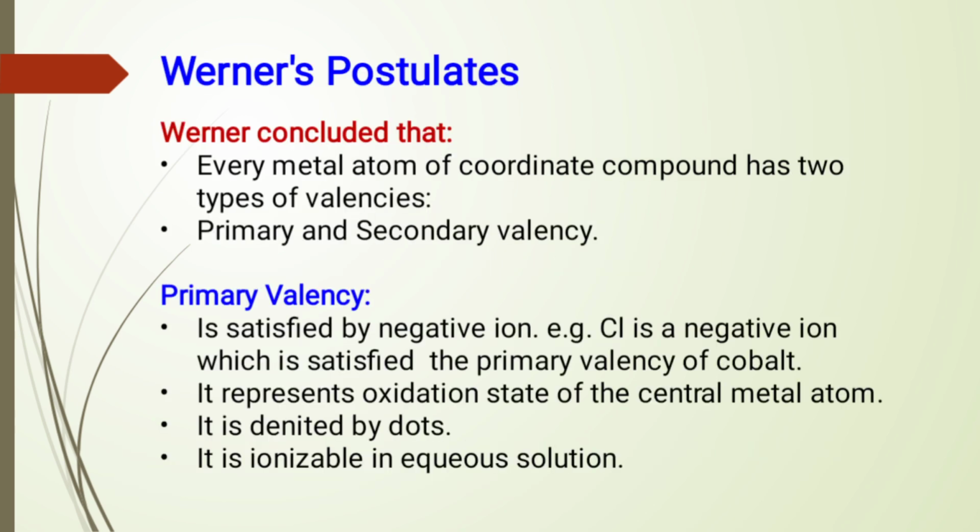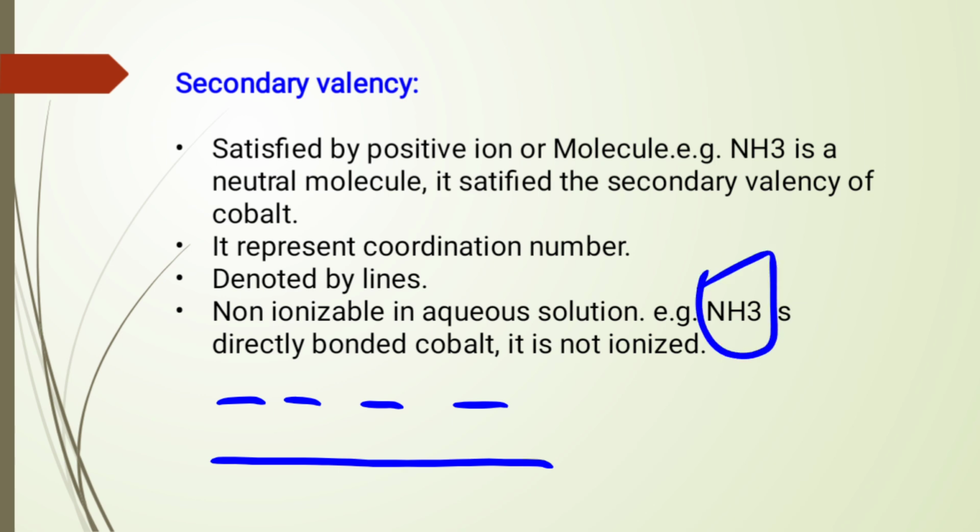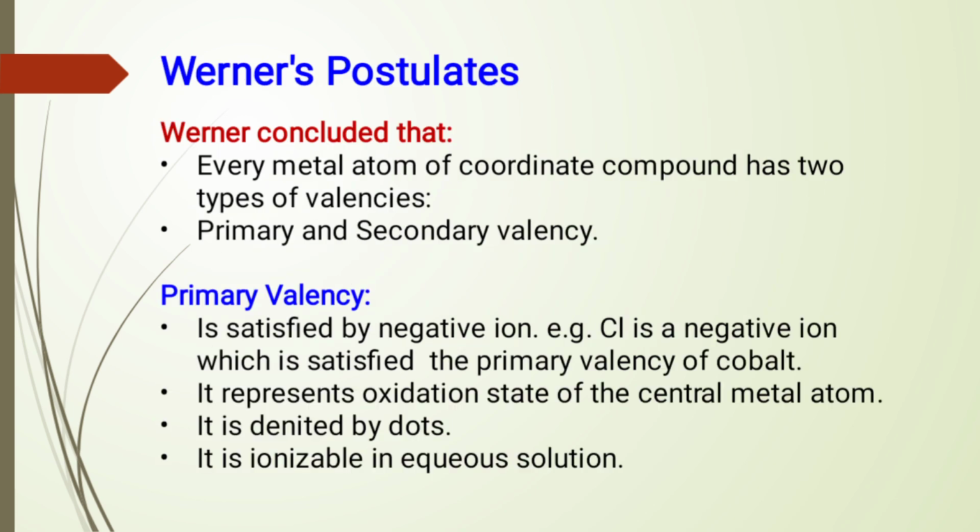And then it is denoted by lines, as opposed to the primary, which is by dots. So secondary is denoted by lines. We are going to see this, don't worry. And it is non-ionizable in aqueous solution. For instance, ammonia is directly bonded to cobalt, so it is not ionized.